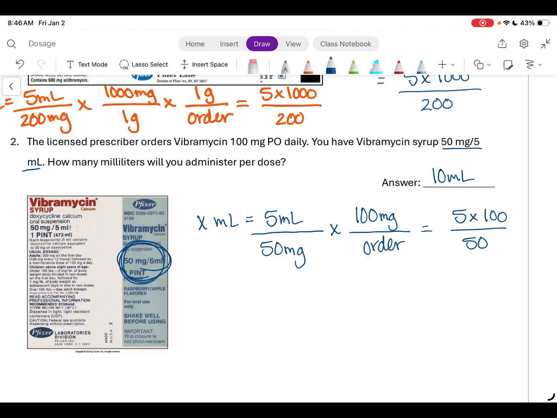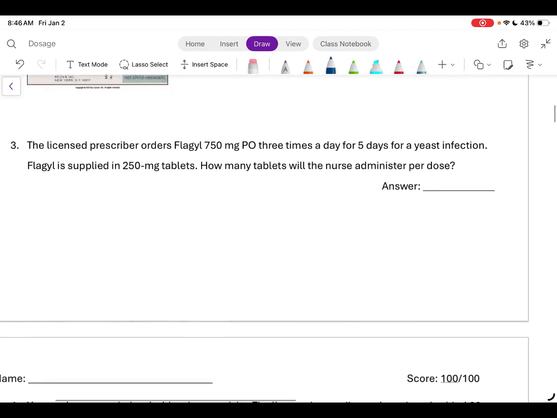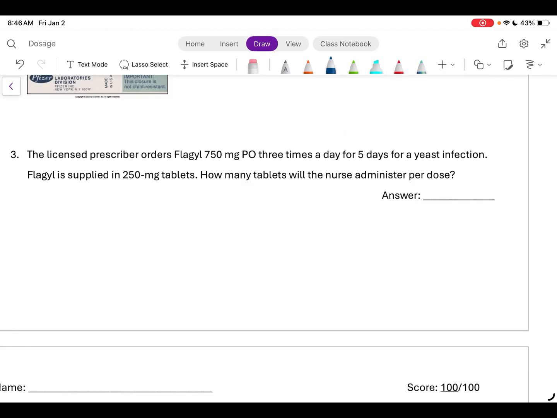Number 3. Your licensed prescriber orders Flagyl 750 3 times a day for 5 days. You have a supply that is 250 milligram tablets. How many tablets will the nurse give? So X tab, because I'm looking for how many tablets.